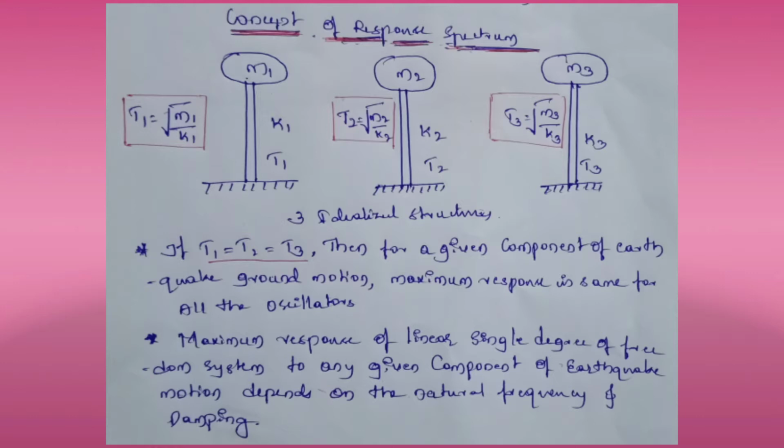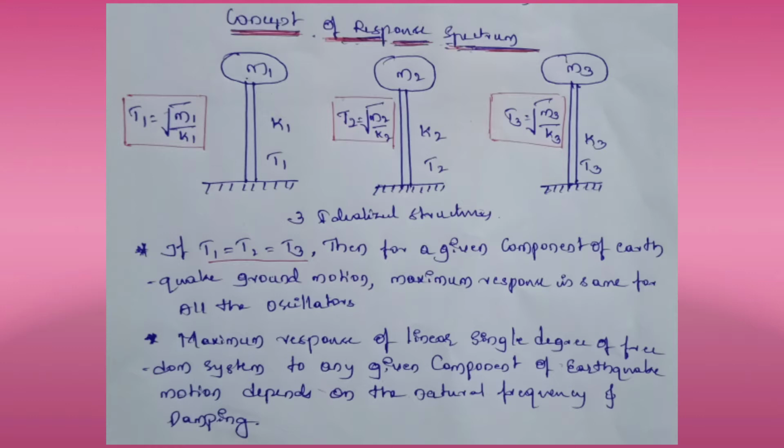T = square root of m by k. Similarly T2 = square root of m2 by k2 and T3 = square root of m3 by k3. These are the three idealized structures.